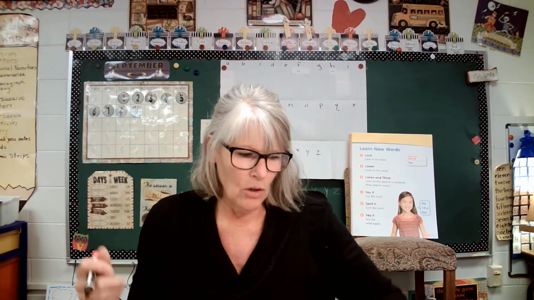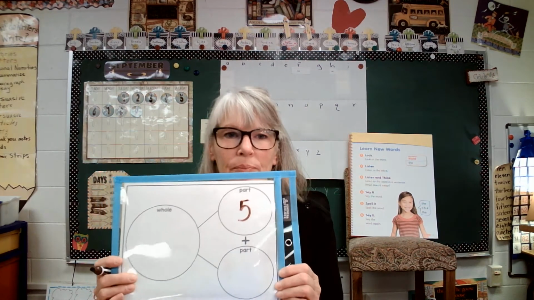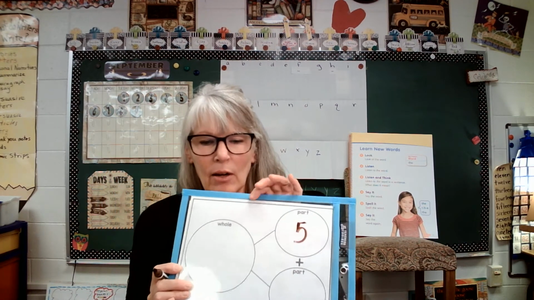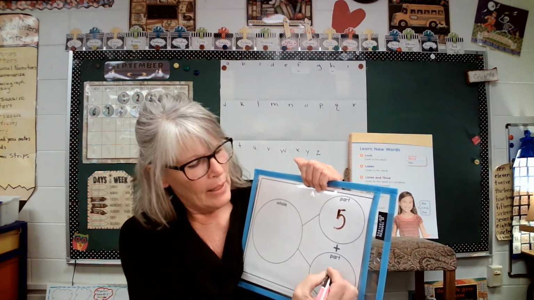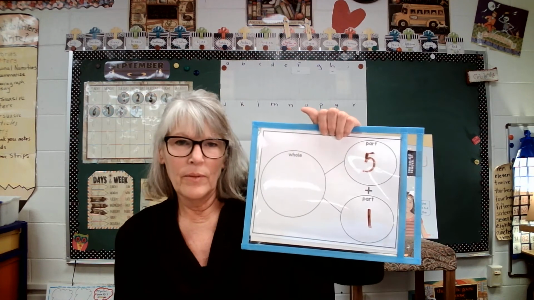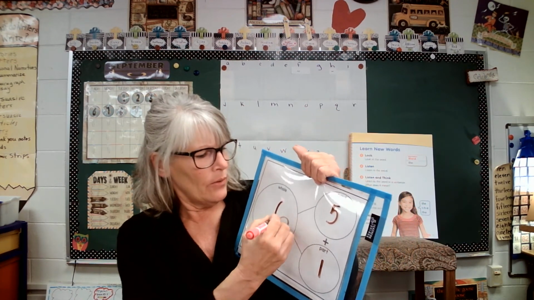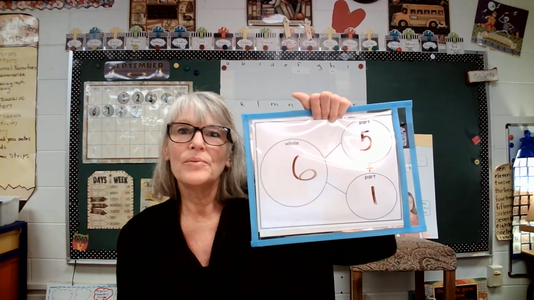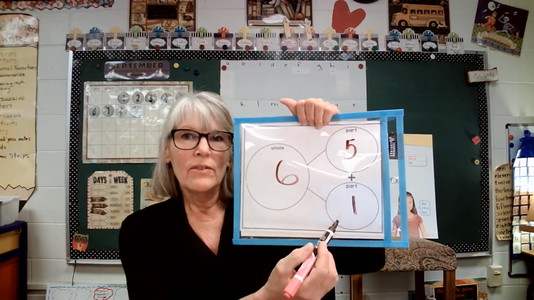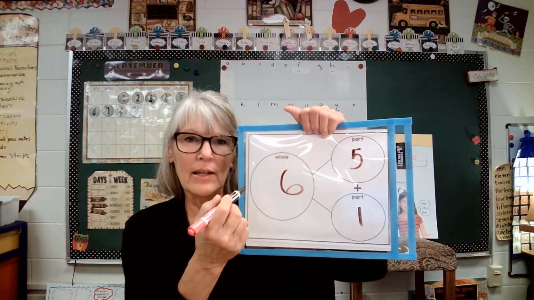Let's do a few. Get your marker out if you haven't already. Let's start with 5. If I start with 5 and I add one more, my new number is 6. Did you get 6? Start with 5, add one more, get 6.